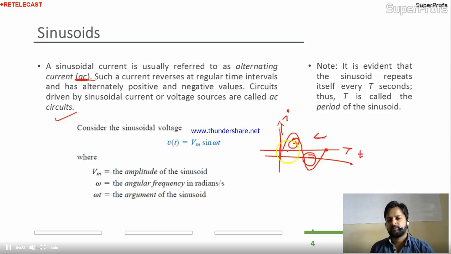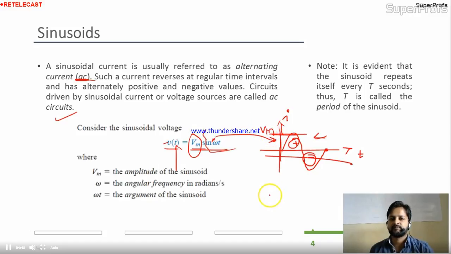So the mathematical model: if this is the graph for the voltage V(t), t is the time, V is dependent on the time, that's why V(t) = Vm sin omega t. This sin omega t belongs to the graph. The shape of the graph is sinusoid, that's why I am using sin. What about Vm? Vm is the maximum magnitude over here.